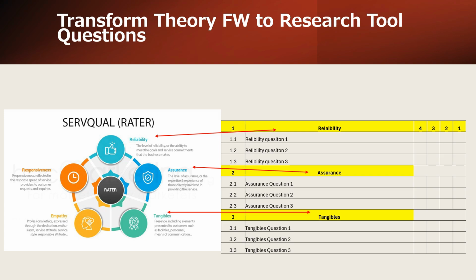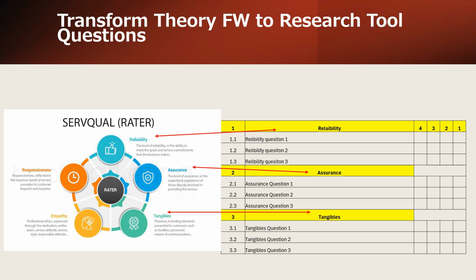So I turned the 5 components of the ServQual into main variables that I will measure and will be the basis of creating questions, which would be my measuring tool or my measurement, which measures my main variable. And my main variable most likely would be service quality.